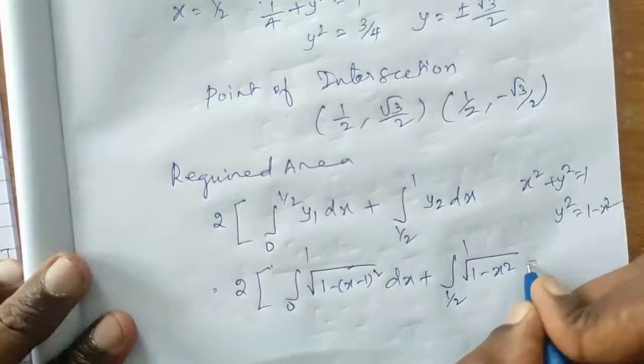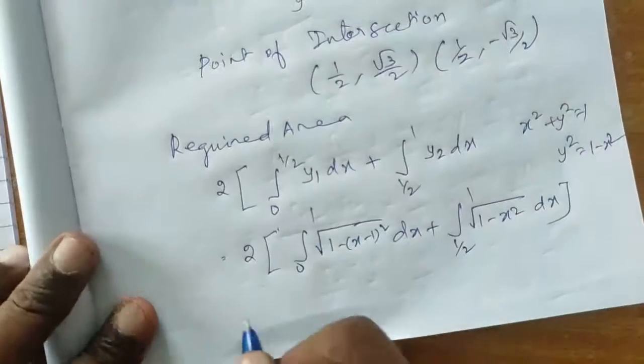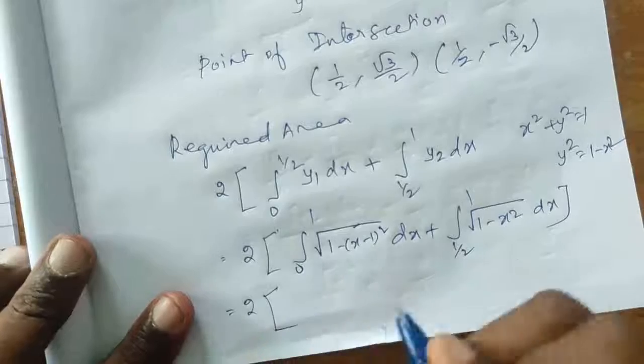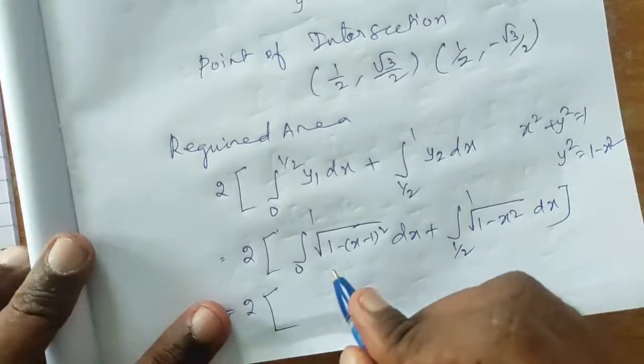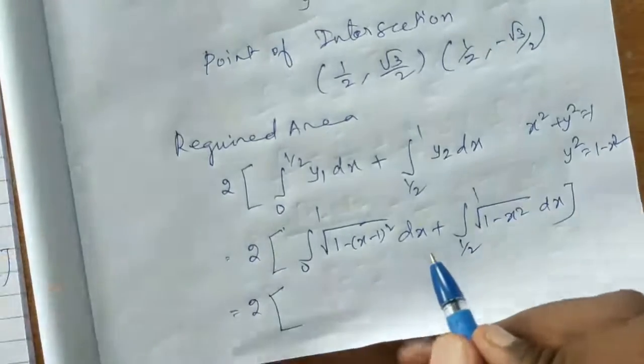Which is equal to 2 into integration of root of a square minus x square dx; the formula is to be applied.